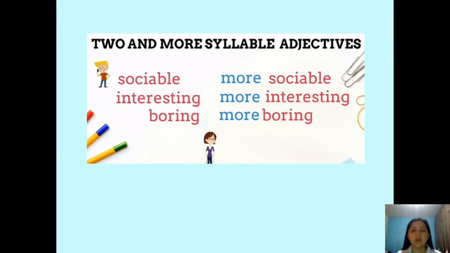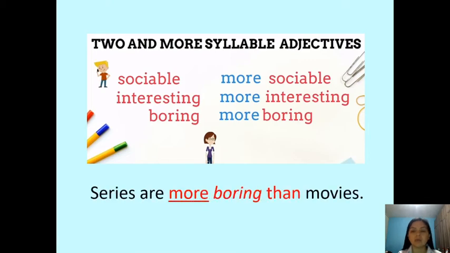So when we have two or more syllables, you will add more. More sociable, more interesting, more boring. For example, series are more boring than movies, right? Again, we are comparing just two. We are comparing series and movies.